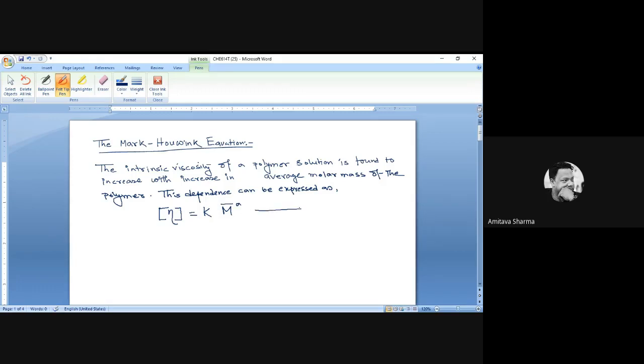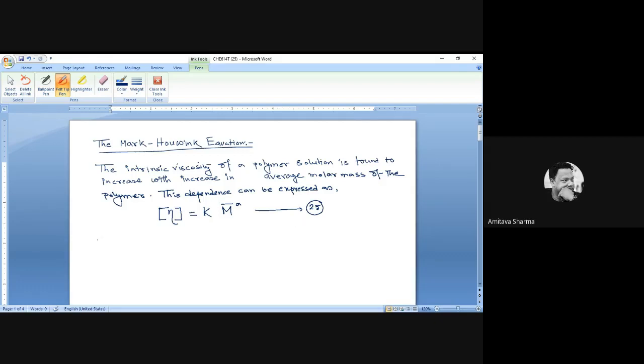As I am continuing the numbering of equations, yesterday we finished up to 24. Now this is equation number 25, the continuation of our previous discussion.